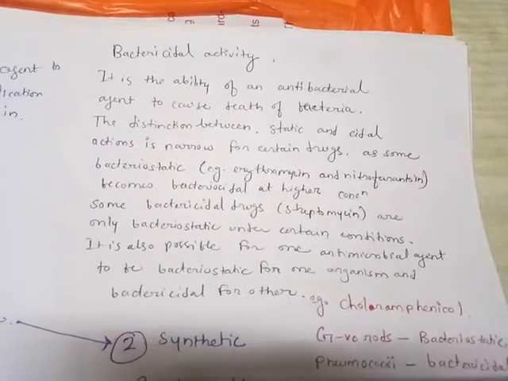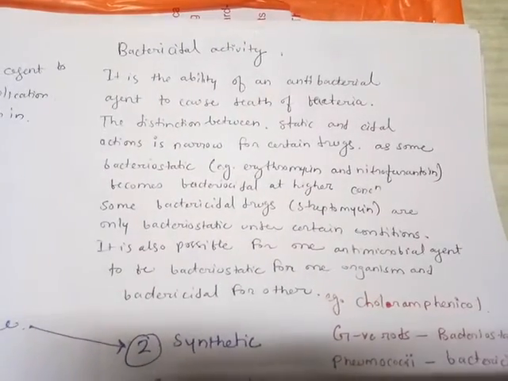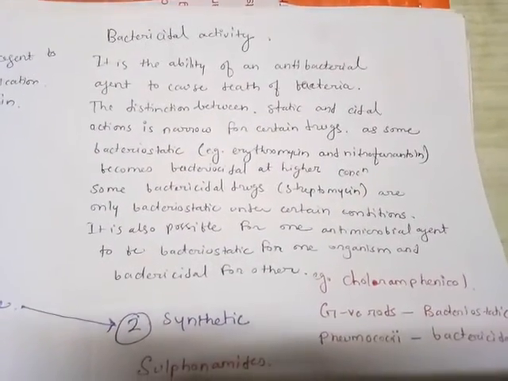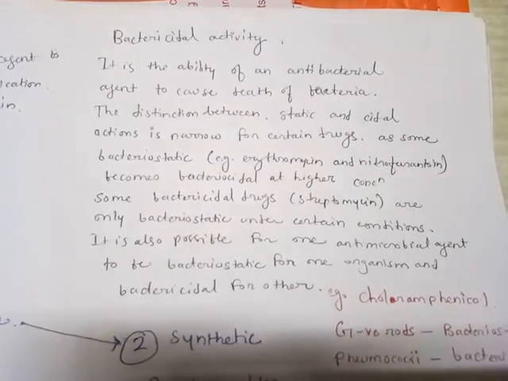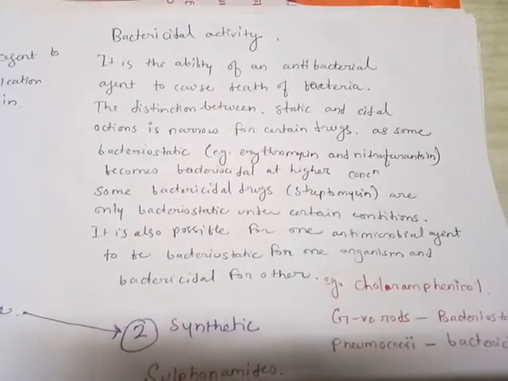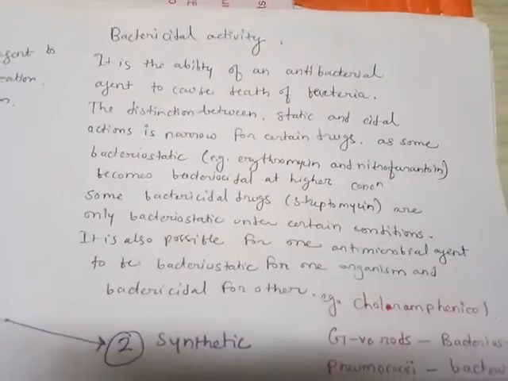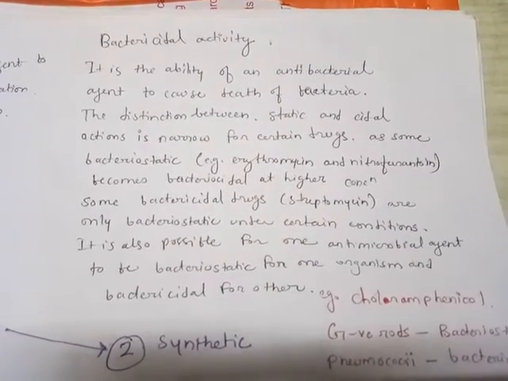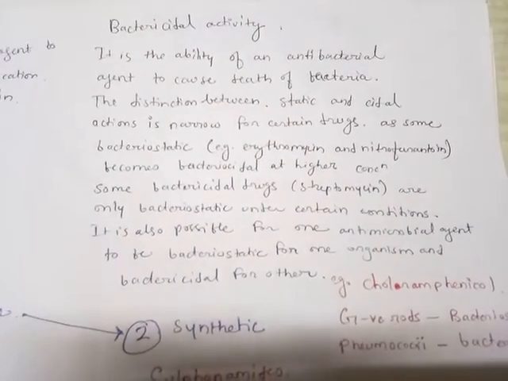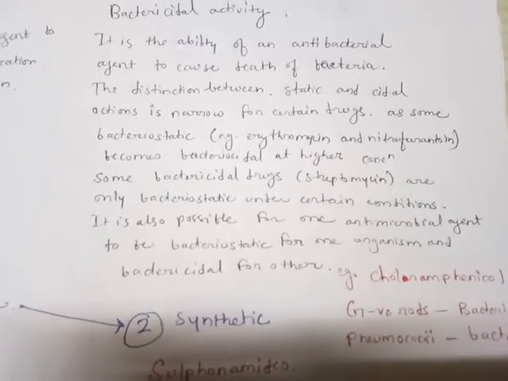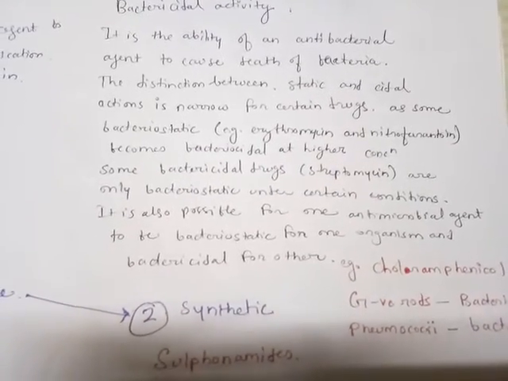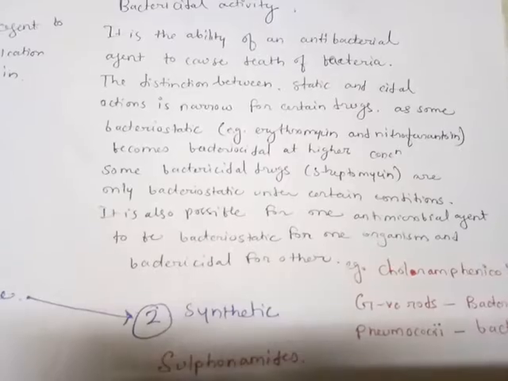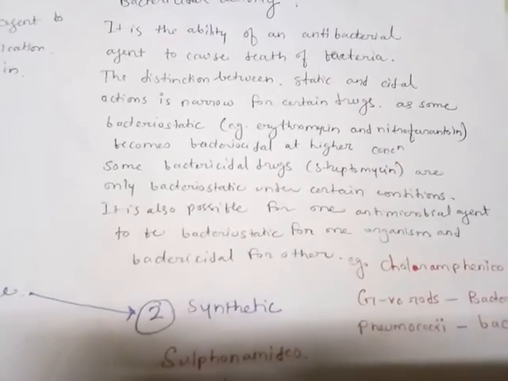The distinction between static and cidal action is narrow for certain drugs, as some bacteriostatic drugs, for example erythromycin and nitrofurantoin, become bactericidal at higher concentration, and some bactericidal drugs like streptomycin only act as bacteriostatic under certain conditions.